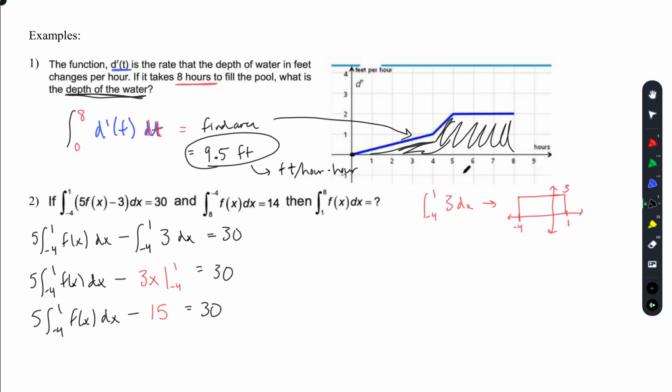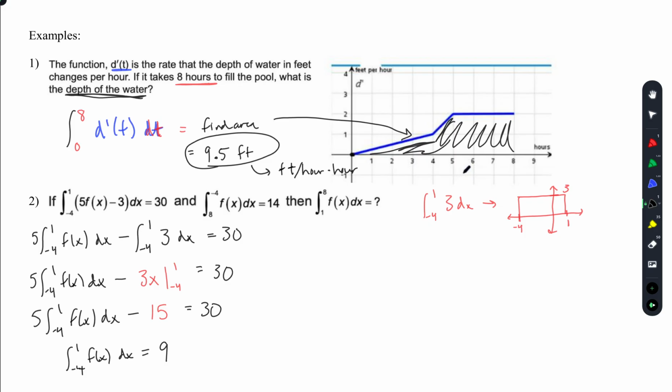So if I add 15, divide by 5, I can solve for this integral. If I add 15, divide by 5, what is that, 9, right? Yeah. Okay, and hopefully that's what I need. Just kidding.